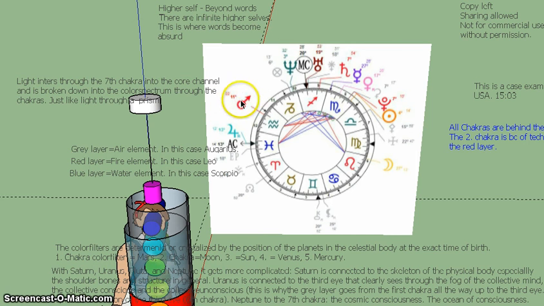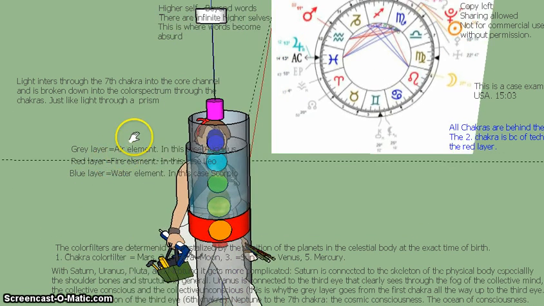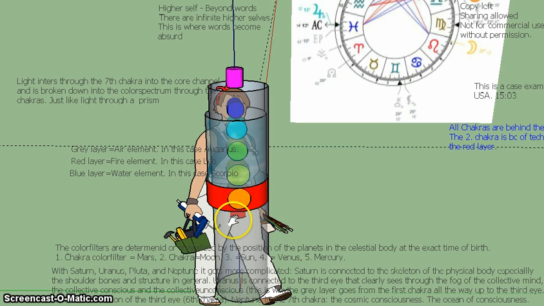So Mars is in Aquarius, and that's why here you see this is Mars. It's connected to the first chakra, and the gray pillar here is an air element, and that's why it's gray.